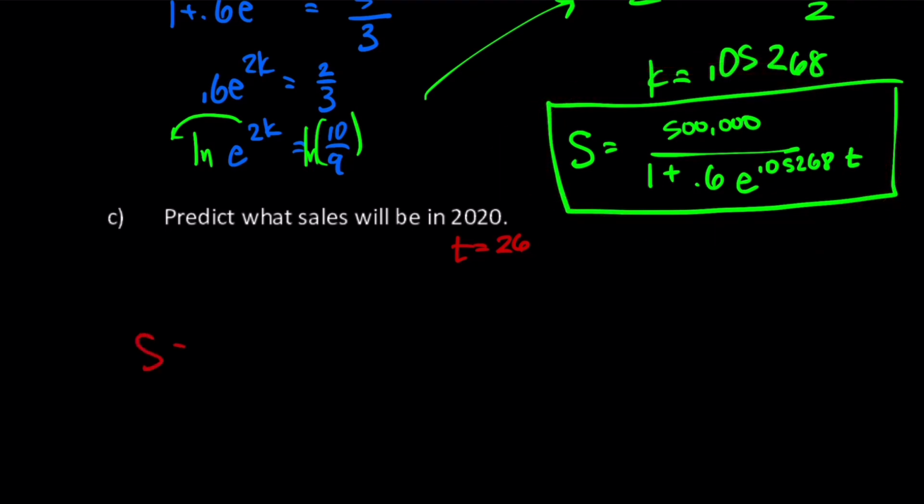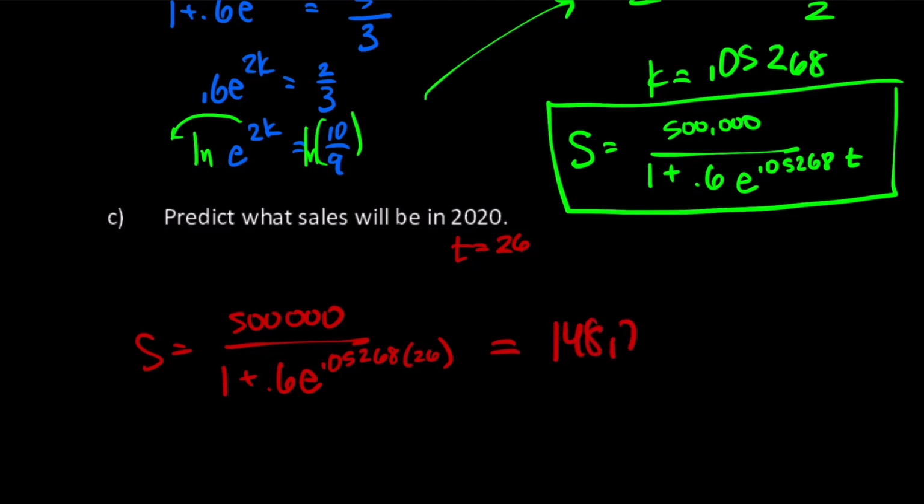So S equals 500,000 divided by 1 plus 0.6 e to the 0.05268 times 26. Just take your time, put that into the calculator, create that fraction. I get 148,789 units. Remember, no decimal here as you're talking about whole units.